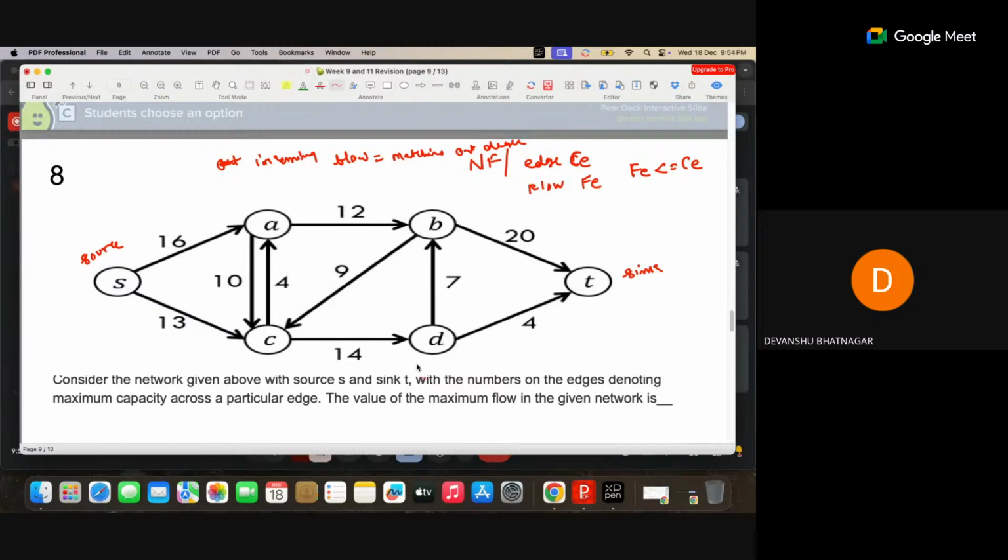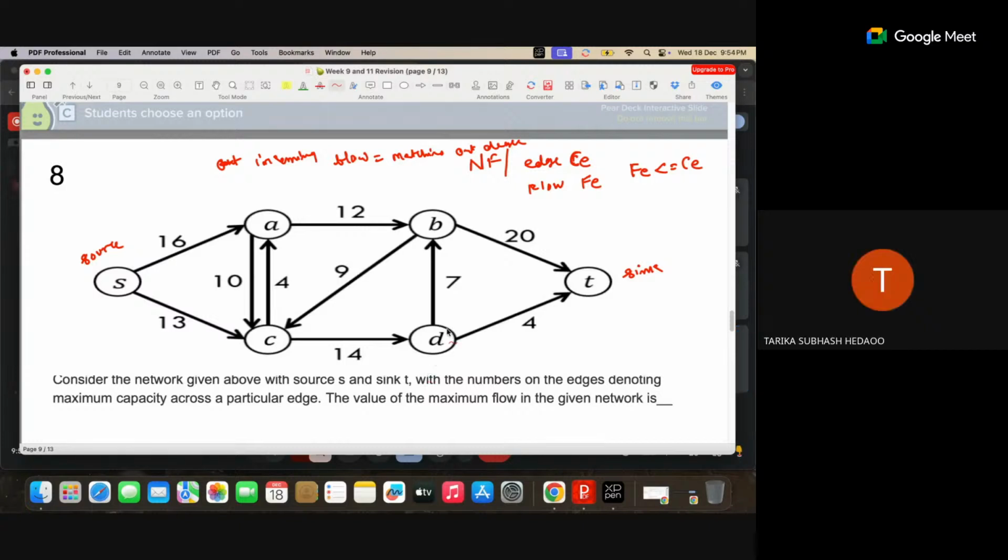No. If 16 flow is allowed from S to A, then 12 will go A to B, and 4 will go A to C. After going to C, if 13 is coming from S to C, this 4 and this 13 make 17. Is 17 from C to D possible?